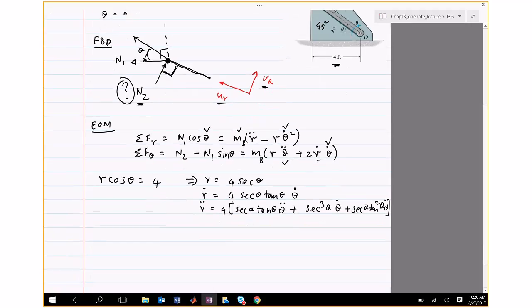Okay, so I think I can find a numerical value for r because theta is 45. I can find a numerical value for r dot because I know what theta is and I know what theta dot is. I can also find a numerical value for r double dot because all these things are known. So r comes out to be 5.657 feet.